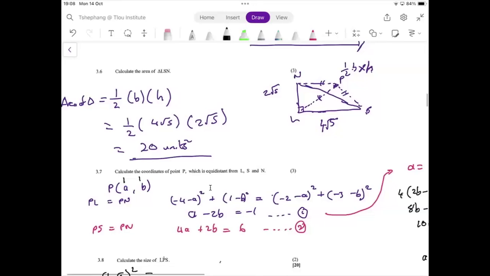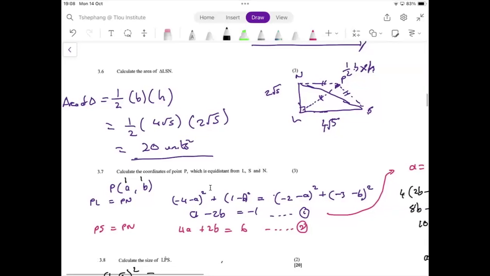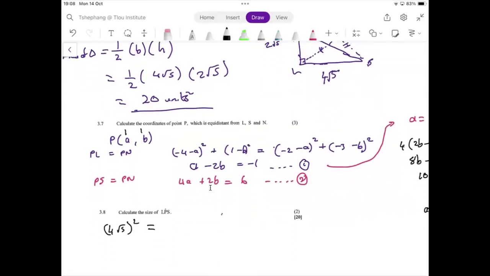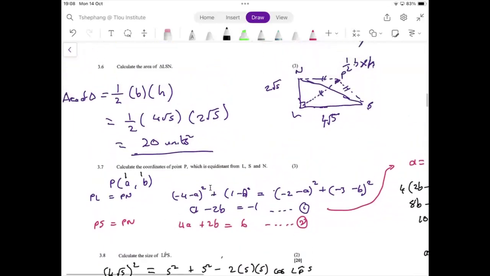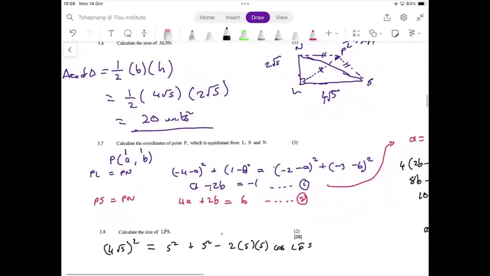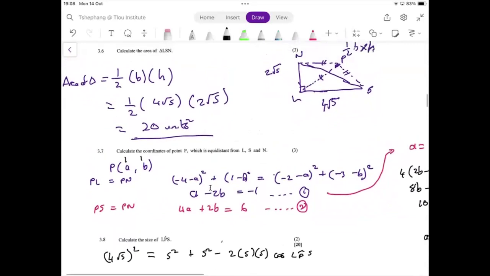Just give me a second. Okay, the distance of 5 squared plus 5 squared minus 2 multiplied by 5 multiplied by 5, and then cos of LPS. Okay, these are the distances which you can calculate because we have the coordinates of P, we have the coordinates of L, and we also have the coordinates of S there. So it shouldn't be too much of a problem for you to solve there.